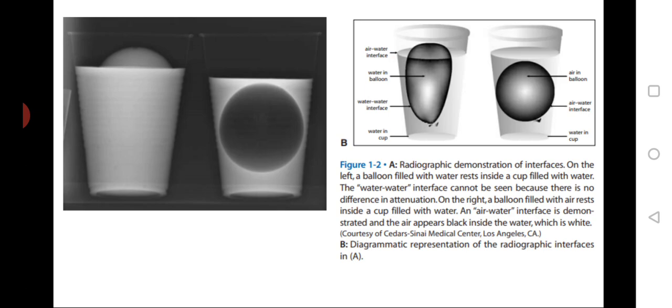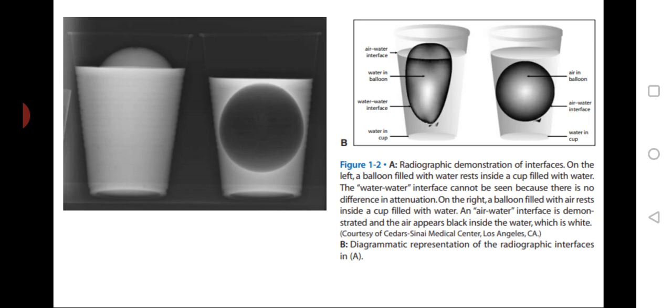So, one more time. Imagine that we have two mediums of different densities. In the center, we have air. On the borders, we have water. So when the X-rays get through, they get through easily through the air, and it's hard for them to get through the water.